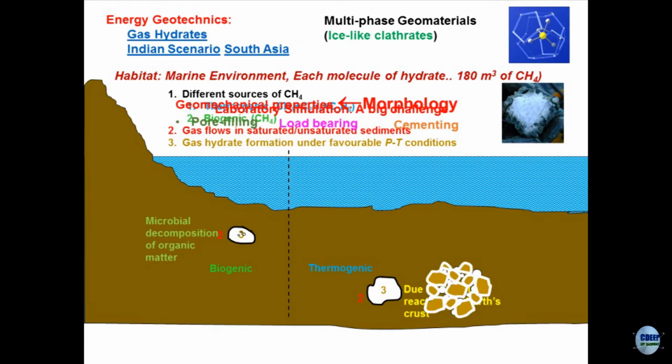Whether it is atomic waste disposal which we were discussing the other day, or gas hydrates, these are good examples of how geomaterials behave when they come in contact with different environmental conditions. In other words, it is the response of the material when it is exposed to different environmental conditions.